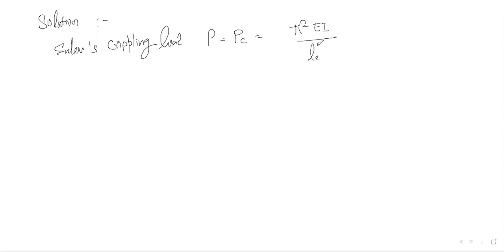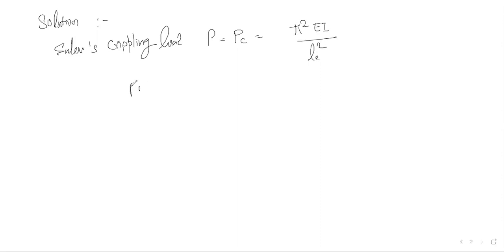So first we all know that Euler's crippling load formula, here we are going to mention as PC, is equal to pi squared EI by LE squared.